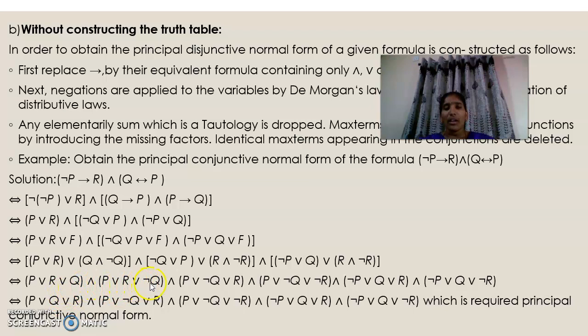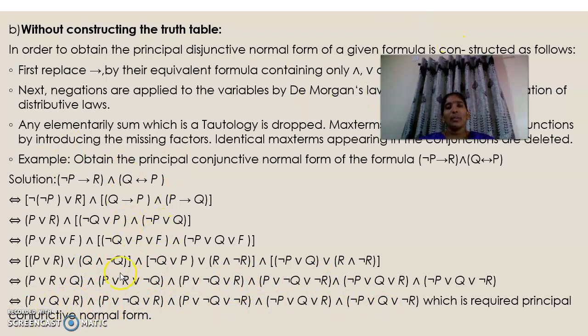And P or R or negation Q. P or R or negation Q, both are the same, so you delete one and write just one. The remaining three are only one identical max term each. So write directly: P or negation Q or negation R, and negation P or Q or R, and negation P or Q or negation R. This is the required principal conjunctive normal form. So we are getting five max terms.